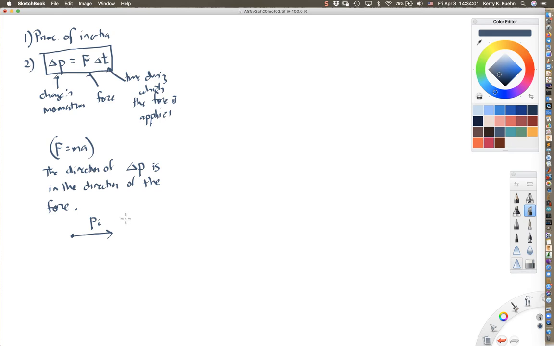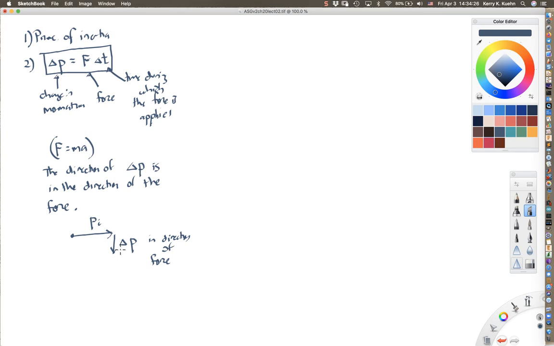If I apply a downward force, let's say a south force, that means that the change in momentum is in the downward direction. So let's suppose that the force is this way. That means the change in momentum is in that direction. So delta P is in the direction of the force.